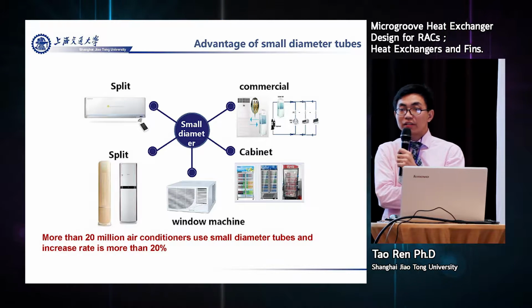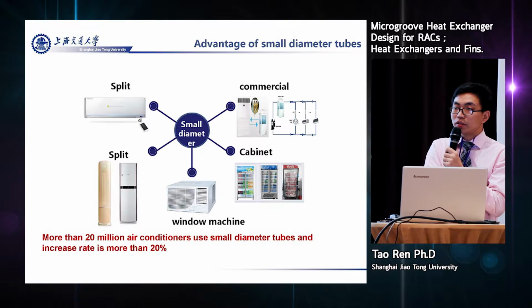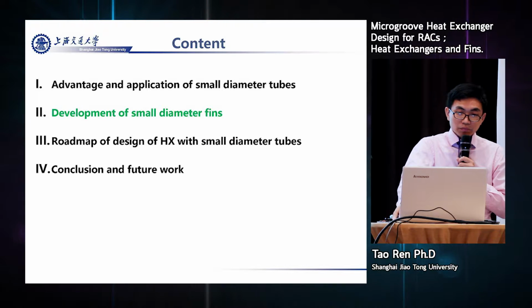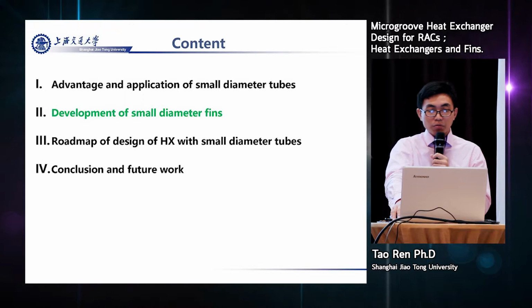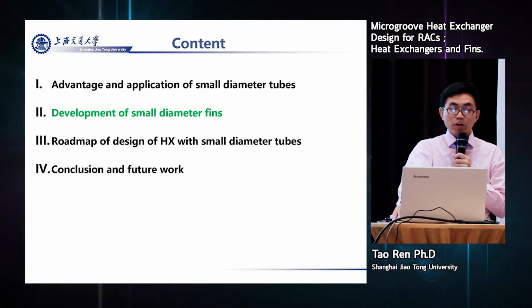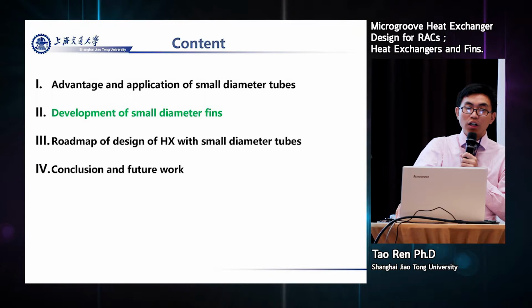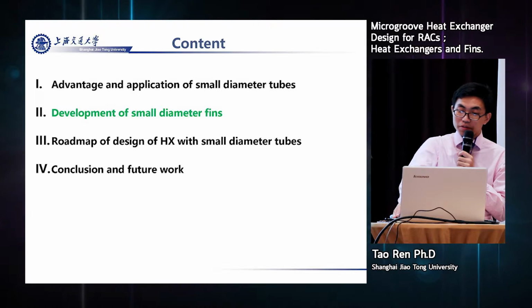It's much better than the 7 millimeter or 9.5 millimeters, and the cost is much lower. So here I will introduce the two key technologies. One is developing small diameter fins. Second is how to make the system matching when we use the 5 millimeters.